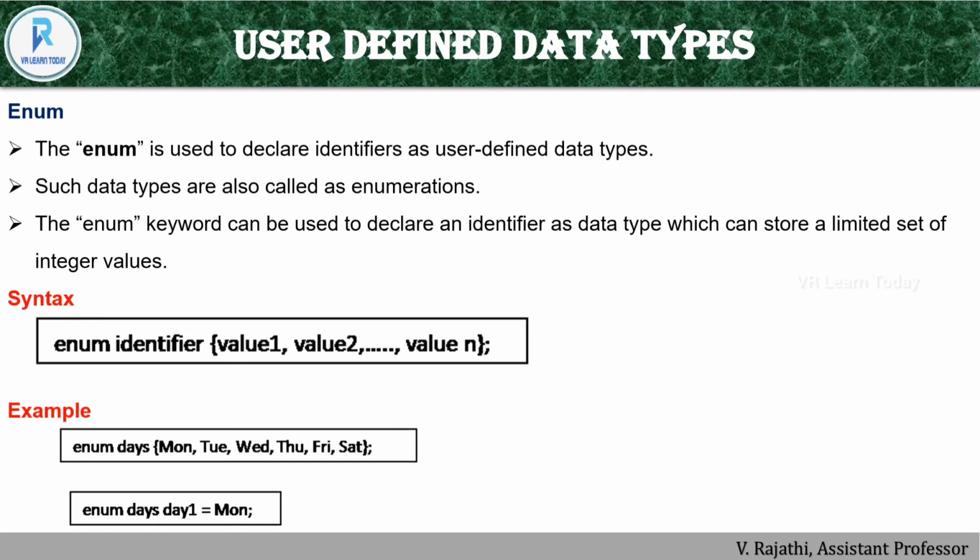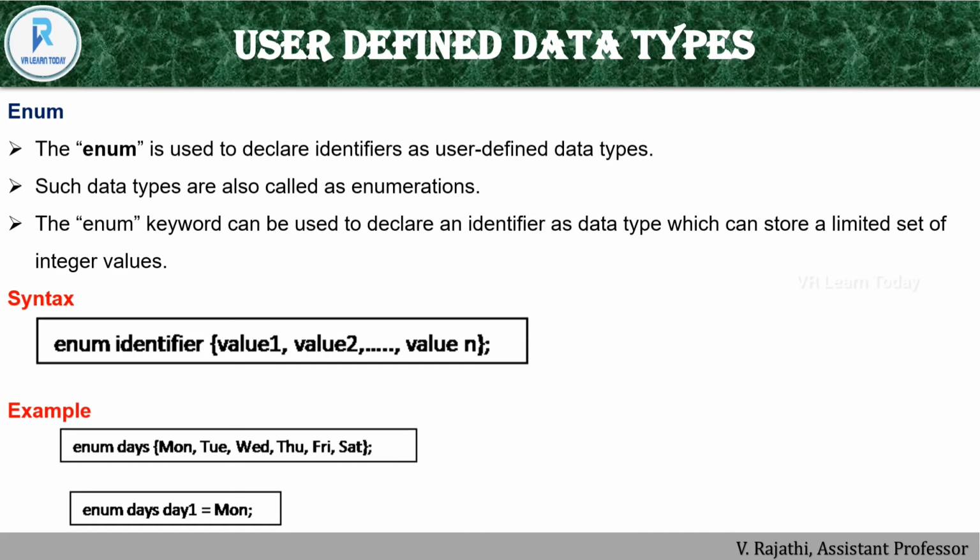And next is enum. The enum is used to declare an identifier as a user defined data type. Such data types are also called enumeration. The enum keyword can be used to declare an identifier as a data type which can store a limited set of integer values. So this is the syntax: first enum and identifier, and inside the curly braces you give value 1, value 2, up to value n.